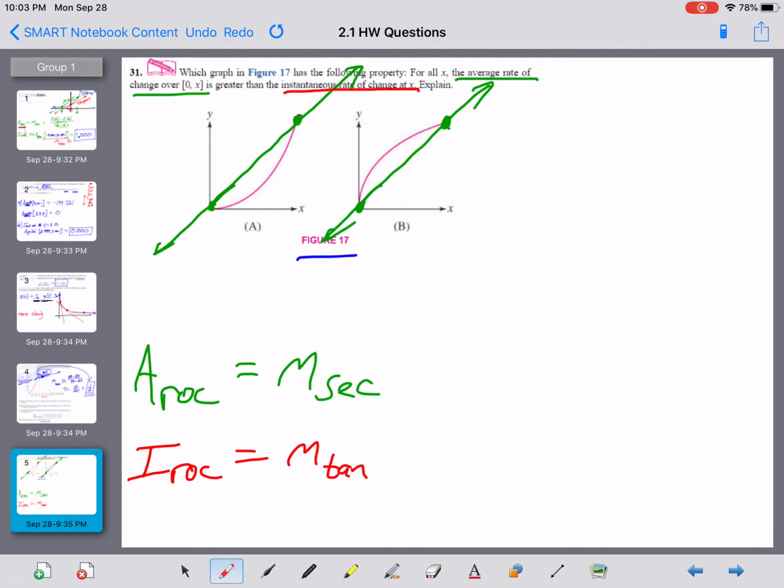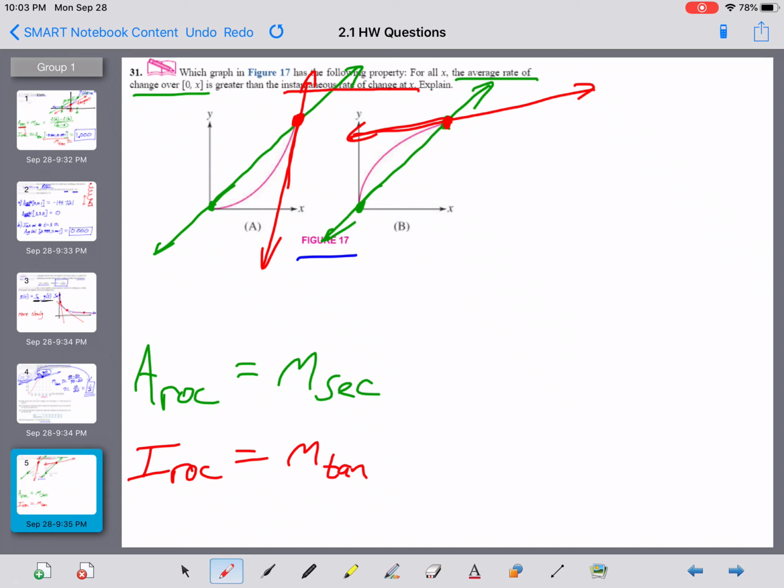And x is what we used for the right endpoint of both of those average rates of change. So I'm going to try to draw the one and only tangent line to these curves at that spot. Just eyeballing here, my tangent line in the first graph might look something like that. And my tangent line in the second, not very well drawn, might look something like that.